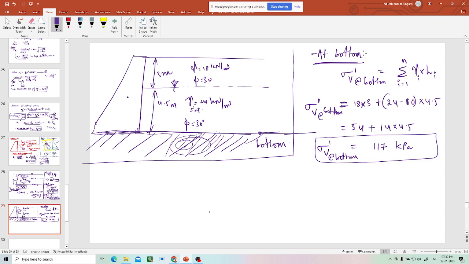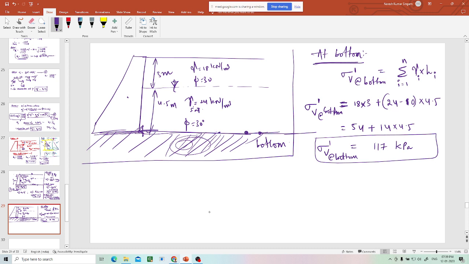So we are stopping at this point. There is nothing to calculate just below. You just have to take one Ka value, Ka2, because the total pressure from top to bottom is converted to this using only Ka2, not Ka1.